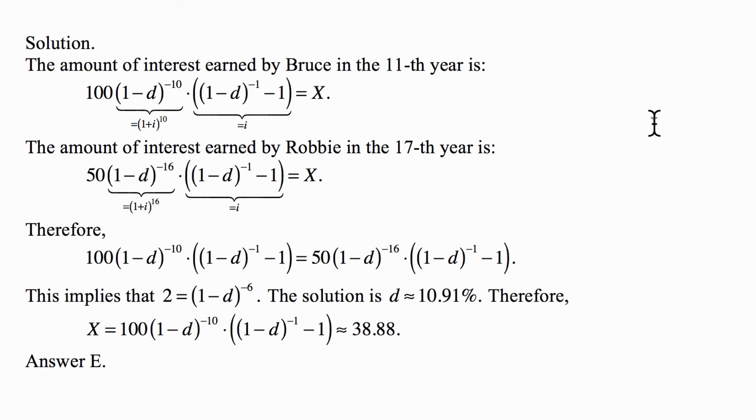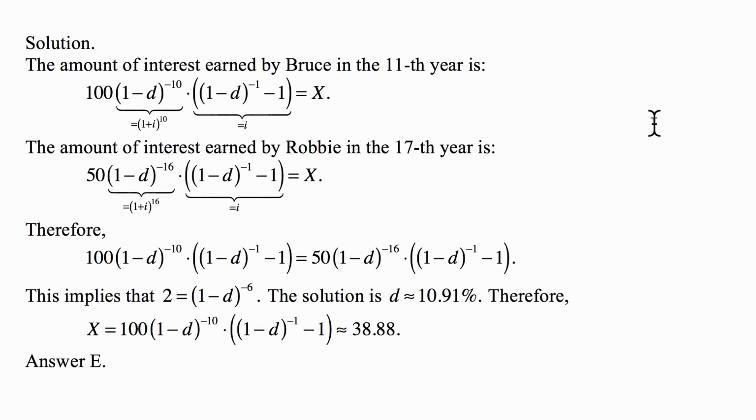So we calculate the balance of the account after 10 years, and normally we would write 100 times (1 plus i) to the 10th, but 1 plus i is equal to (1 minus d) to the negative 1, so we can also write this as 100 times (1 minus d) to the negative 10th, and then we would multiply it by i to get the interest, but 1 plus i is equal to (1 minus d) to the negative 1, so that i can be written as (1 minus d) to the negative 1 minus 1. So if we multiply this all out, we should get X.